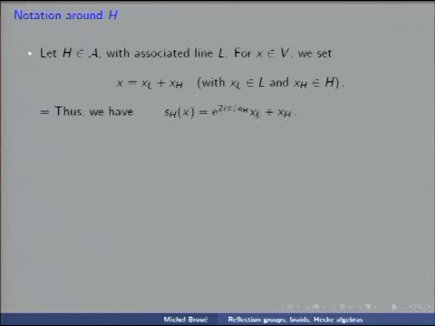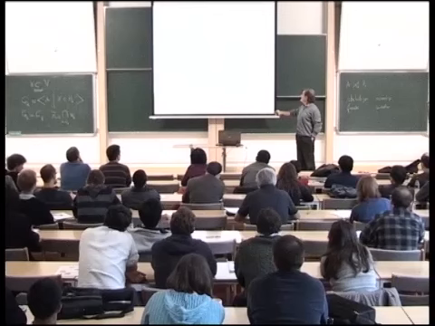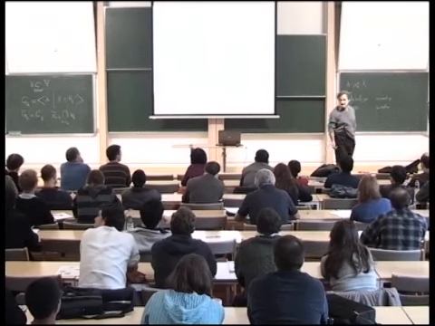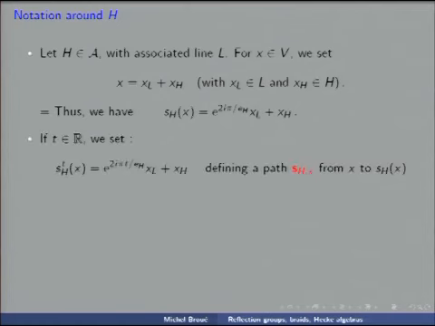So now if you apply the reflection s_H, remember s_H is this generator of G_H, the fixator of H, this generator which has eigenvalue the first one. So s_H of x is by definition acting by its eigenvalue over L and fixes the part over H. It's clear. Now let me set s_H to the t equals, in a sense, the t-th power of it.